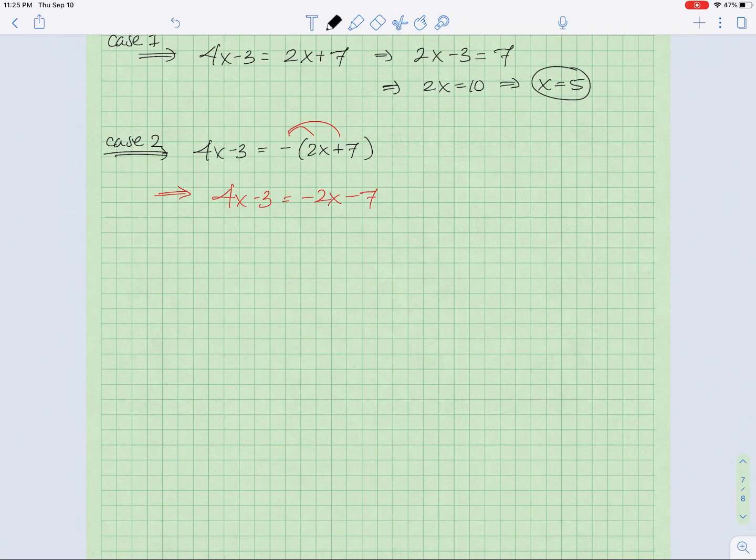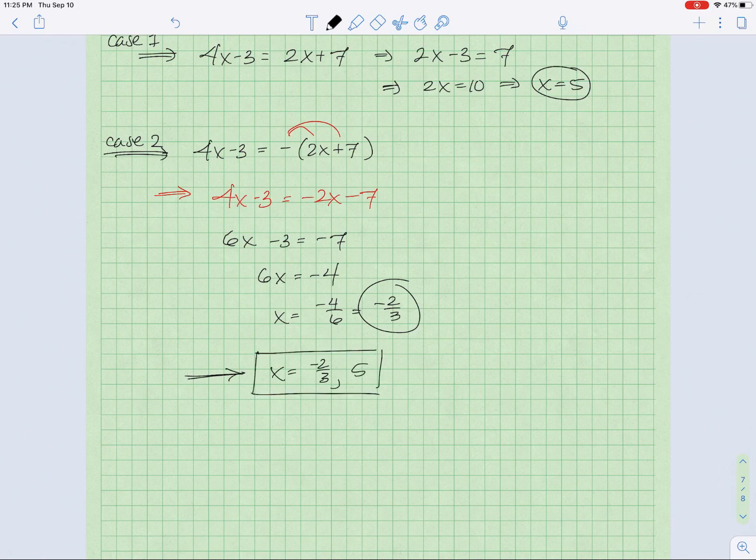And we'll add 2x to both sides so that we get 6x minus 3 is equal to negative 7. And then we'll add 3 to both sides so that 6x is equal to negative 4. And we'll divide by 6 and we'll get x is equal to negative 4 over 6, which is the same thing as negative 2/3. And so we only have two answers here. X equals negative 2/3 and 5.